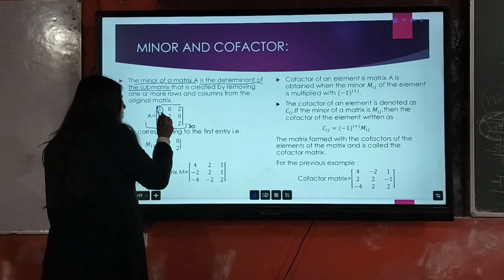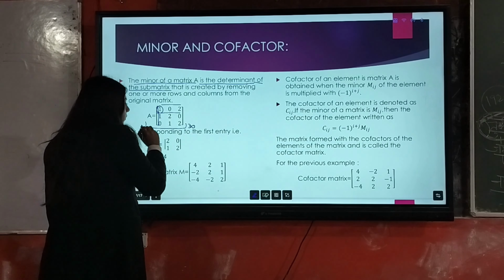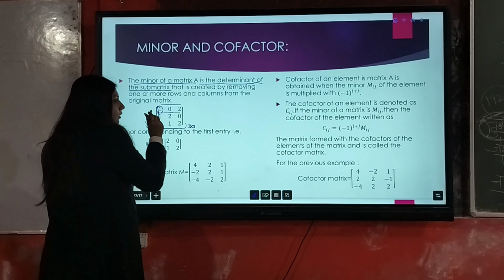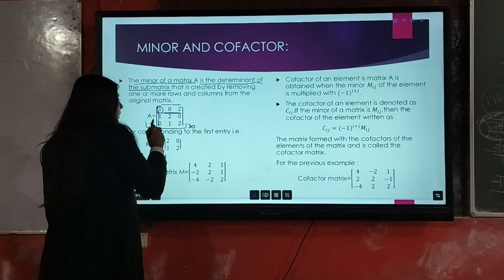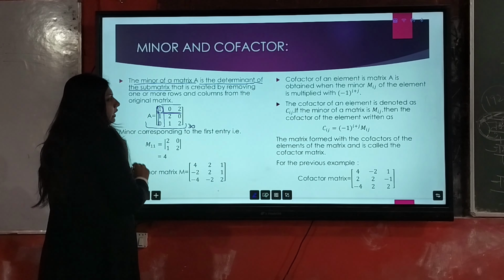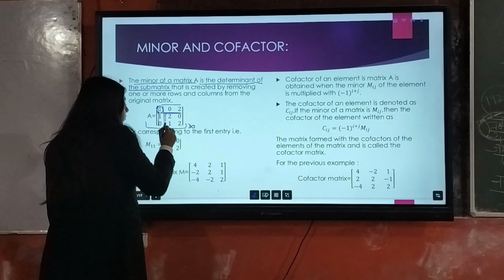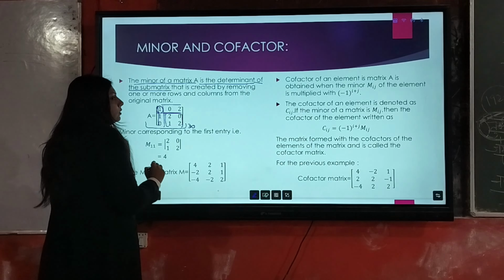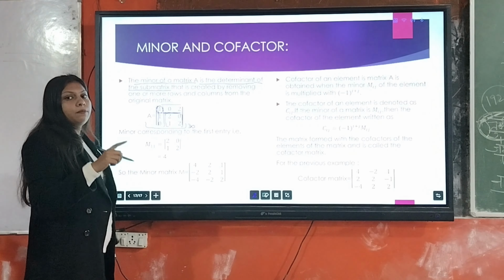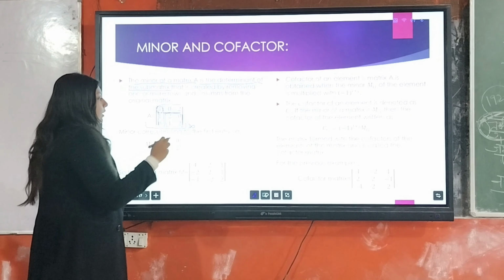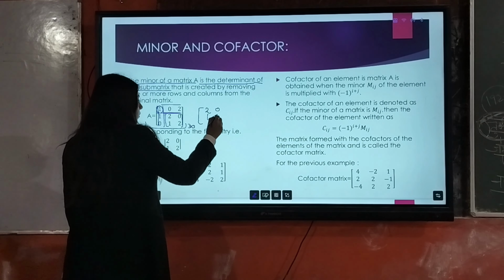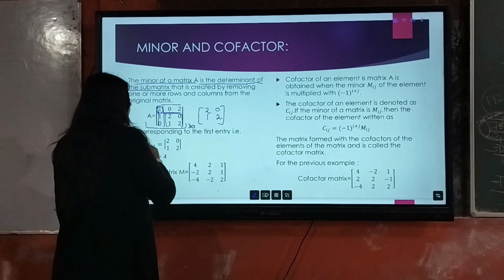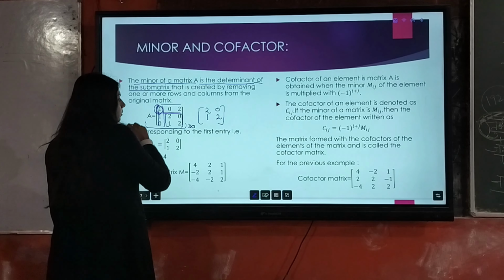Corresponding to this entry means deleting the row and the column to which the particular entry belongs, and the entries that are left are known as the submatrix corresponding to that element. Now, this is a submatrix corresponding to 1.